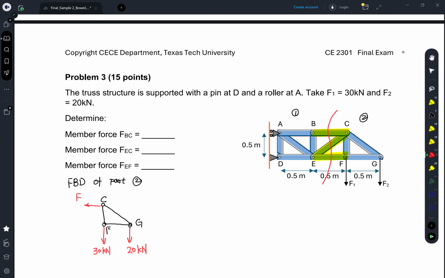Typically for the unknown forces, we will assume that it's tension, so it is going away from the joint. Correspondingly, we also have FEC and FEF.